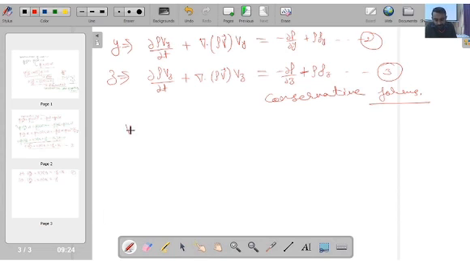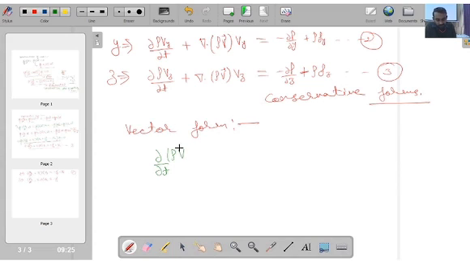Now if I have to write this equation in vector form, I can combine all the x, y and z equations. My first term will become del by del t of rho. Now I have to write in vector form.